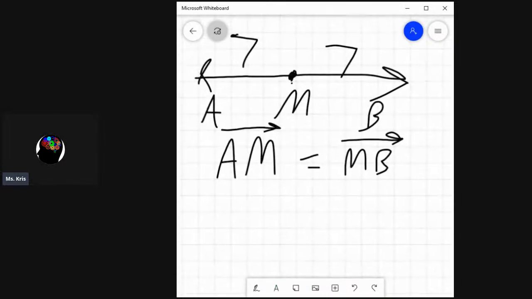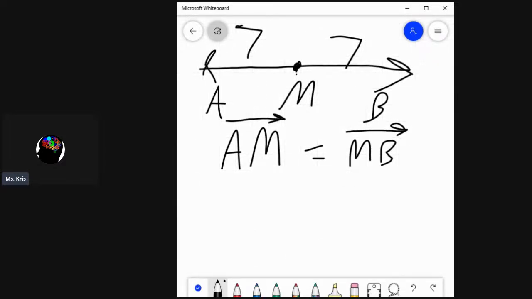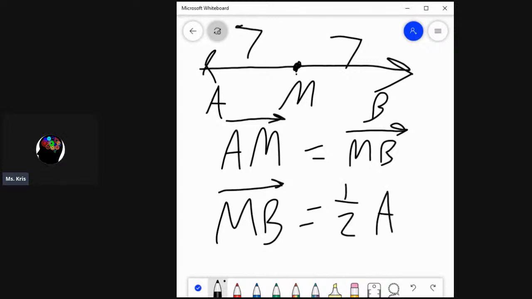Also, ray MB is half of line AB. So of course, if AB is 14, half of 14 is going to be 7. Therefore, MB is half of AB.